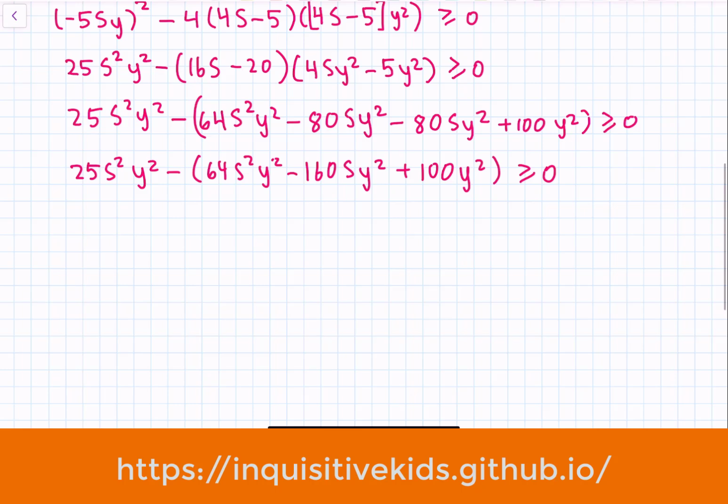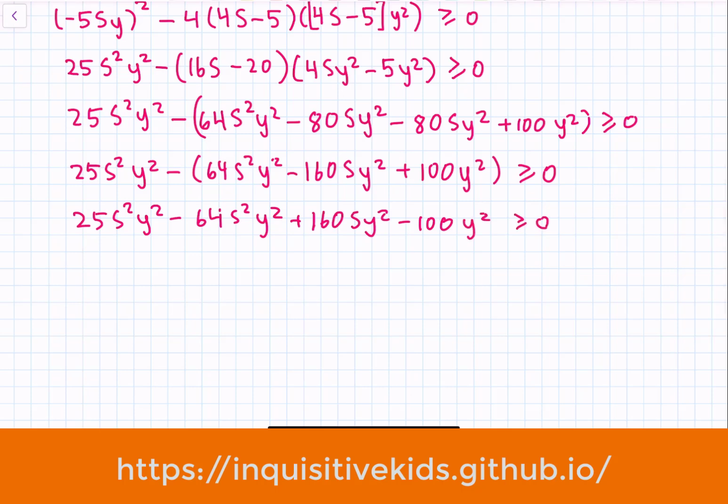And then we have 25 s squared y squared minus 64 s squared y squared plus 160 sy squared minus 100 y squared is greater or equal to 0.